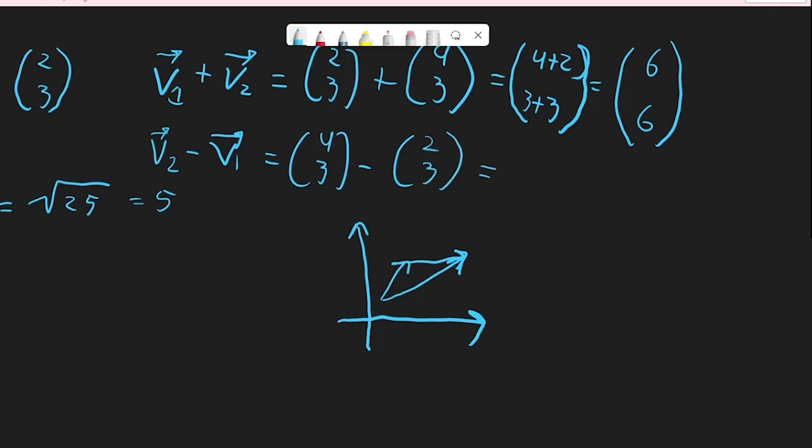And then, as you probably already guessed, first input minus first input, and second input minus second input. So this will be the vector 2, 0. So it'll be a vector going in this direction.